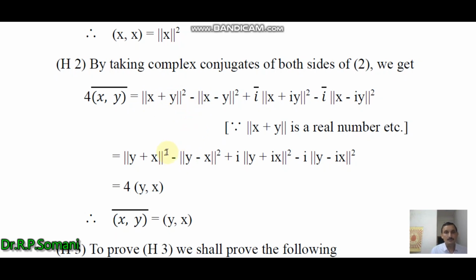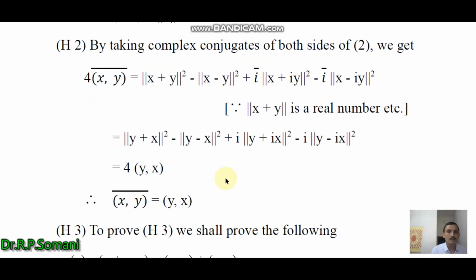Then after simplification, ι bar will be equal to minus ι, and minus ι bar will be equal to plus ι. Taking ι outside, we are able to write norm x minus ιy equal to norm y plus ιx. Similarly for x plus ιy, taking ι outside, we obtain norm of y minus ιx.